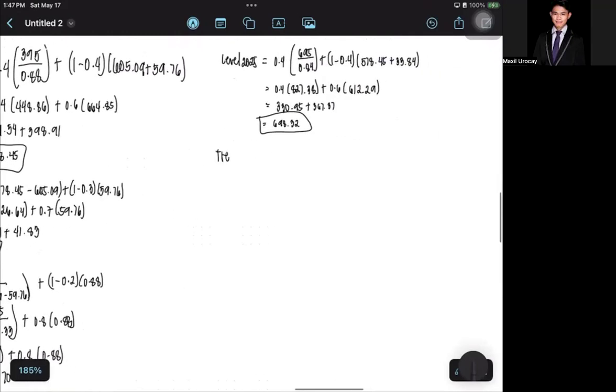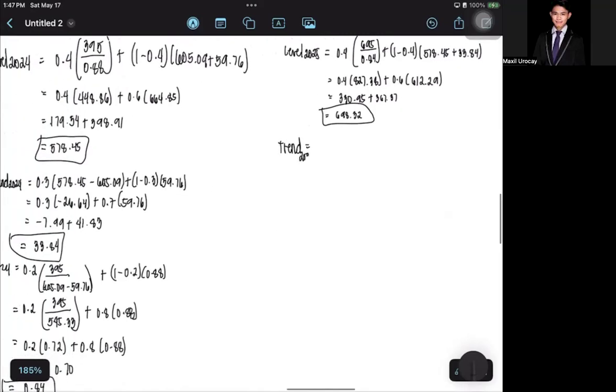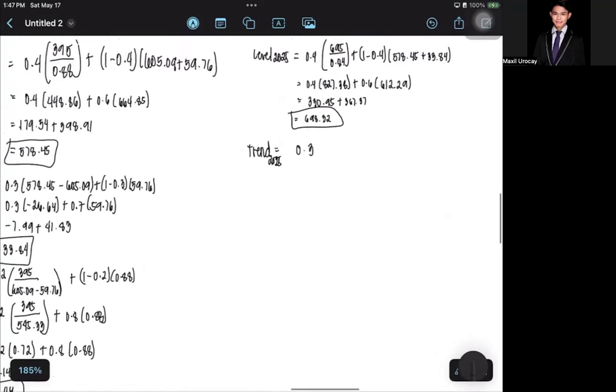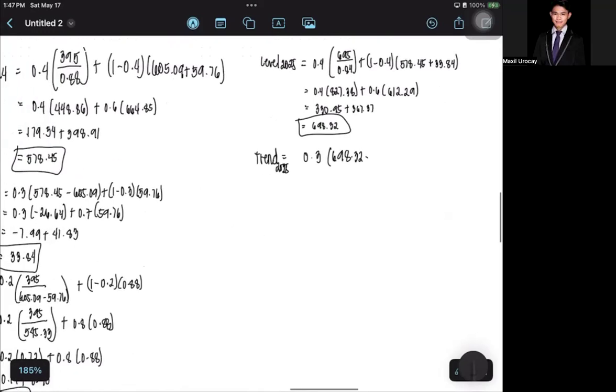Now, for the trend, you will get the trend of 2025. Given that your parameter is 0.3, you times that into the level, which is 698.32 minus the previous level, which is 578.45.